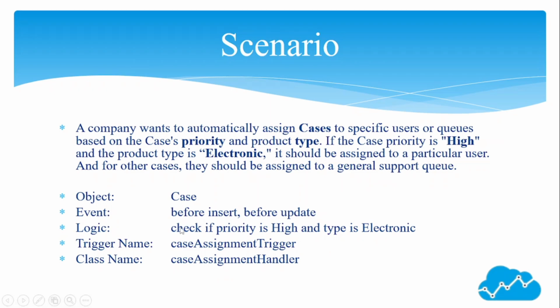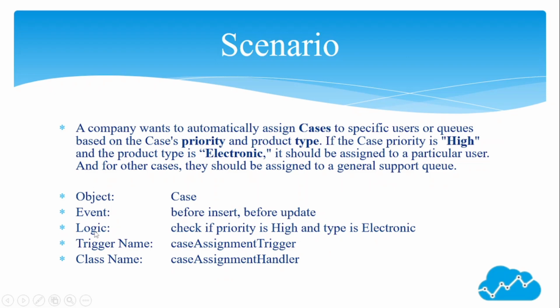So the events will be before insert and before update. Whenever a new record is generated, or someone edits and modifies a record, if the criteria is met, then we have to assign that particular case either to a particular user or the general support queue.